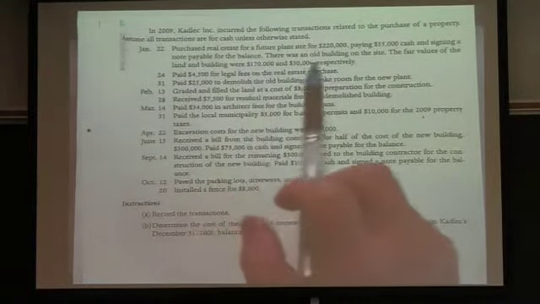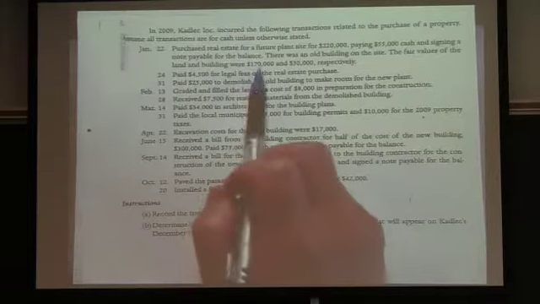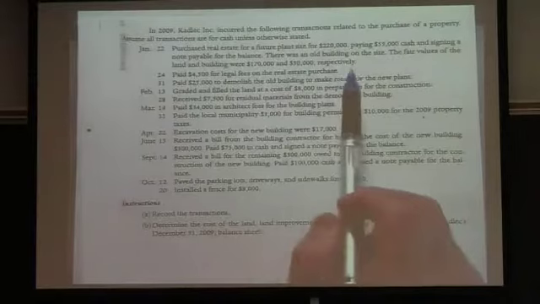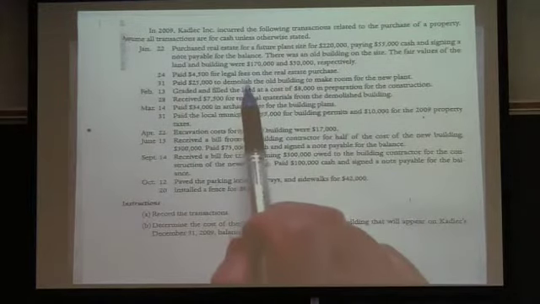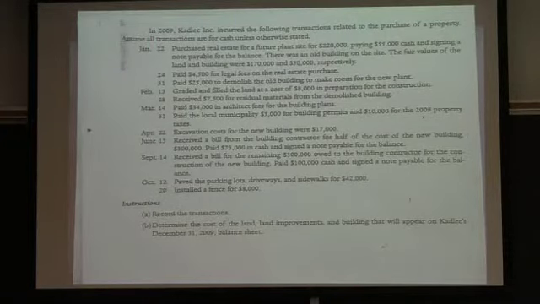Now, there was an old building on the site. The fair value of the land and building were $170,000 and $50,000 respectively. So if I read this, it says they bought real estate, both land and building. There's an old building on the site for future plant. So there's an intent that the company really purchased the real estate for its land value.